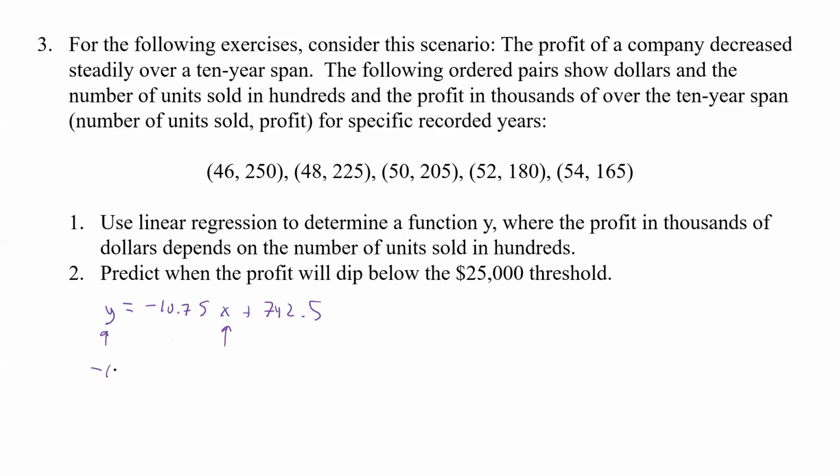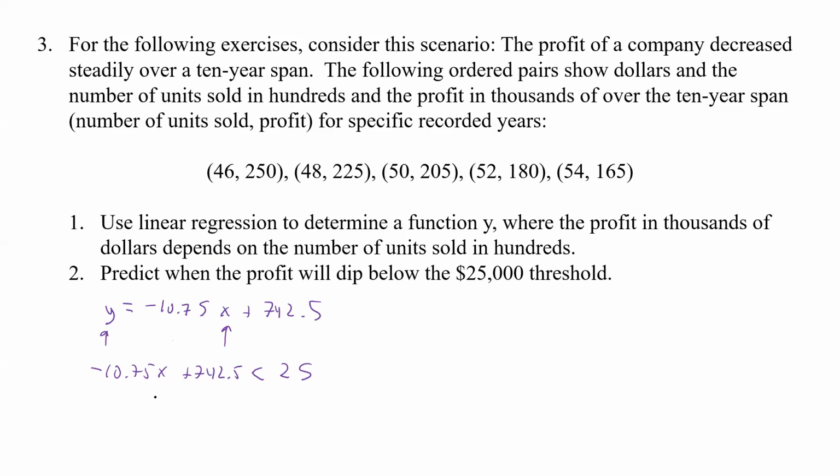So this is going to be negative 10.75x plus 742.5, and we want it to be less than 25, because once it hits below that, that's below the threshold. And so now we need to solve this inequality.